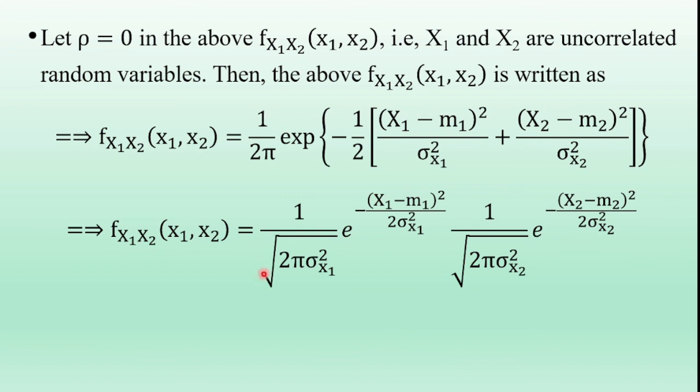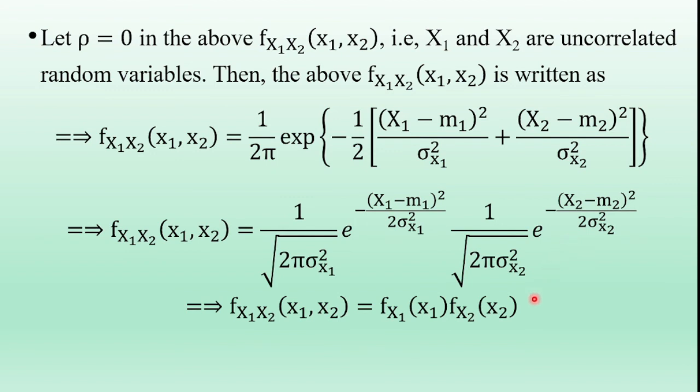So the RHS term can also be arranged as this one. The first term is the Gaussian density function of the random variable x1, and the second term is the Gaussian density function of the random variable x2.